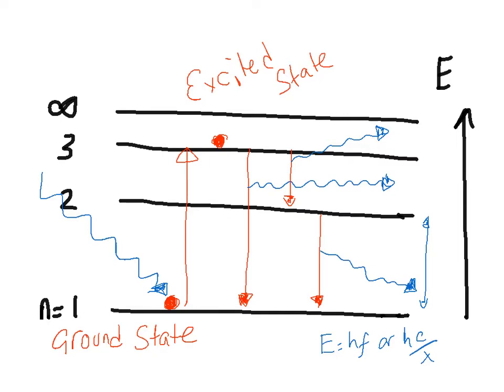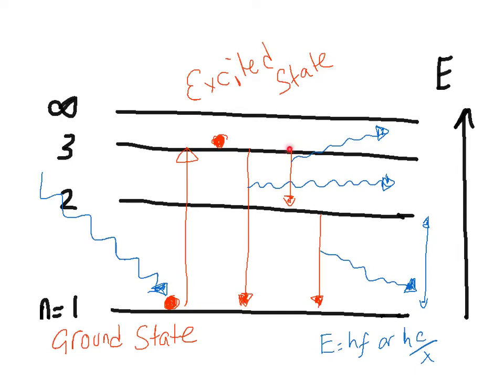So to recap, the energy comes in via a photon, the electron is in the ground state, and jumps up to the third energy level, which is an excited state. The electron then wants to come back down, so it can either jump straight back down to the ground state from 3, in which case it lets off a photon of energy equal to the difference between these two energy levels.